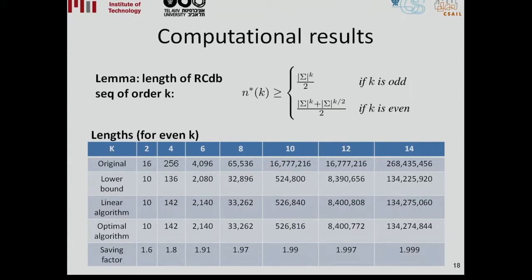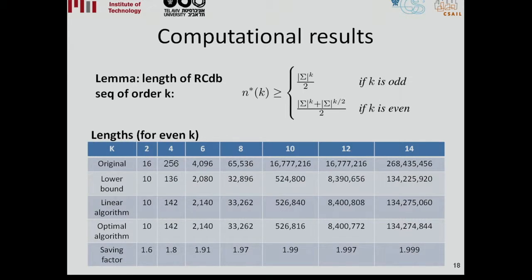And so the interesting cases are just for k even, so we plot them here. Here you see just using the original De Bruijn sequence algorithm. This is the lower bound that the theorem gives. This is the linear time algorithm by adding the cycles, and this is the result of the optimal algorithm for network flow.